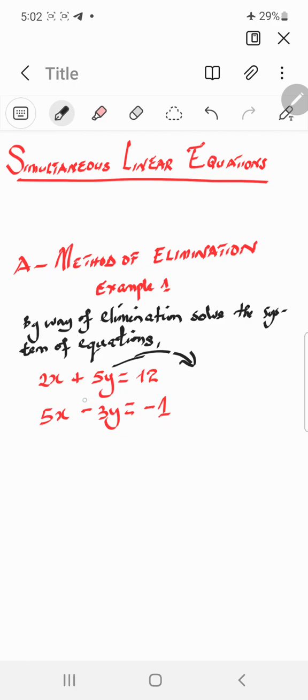So you can't satisfy one and leave the other. So we have to find a way that we will solve them both and get a solution that answers the two of them at the same time. That is why we're going to use a method of elimination, which is one method to answer that question.